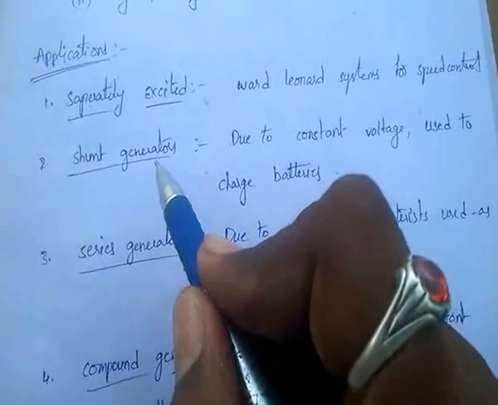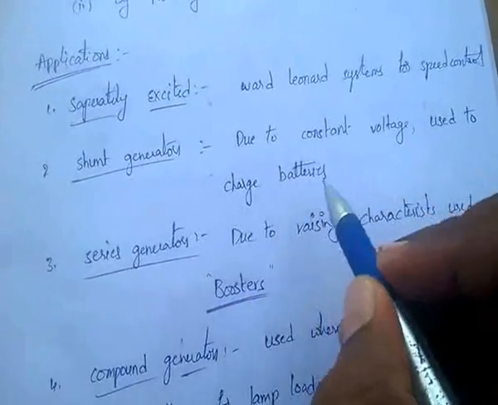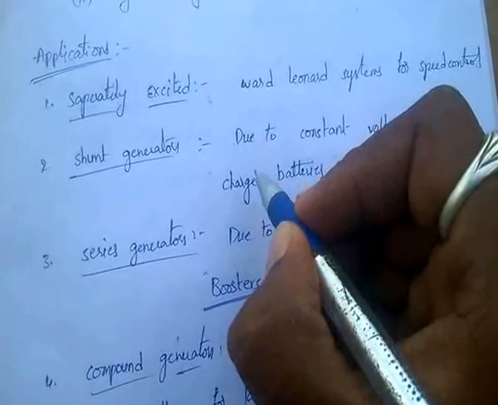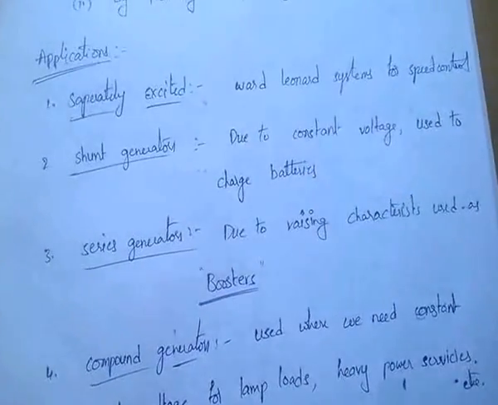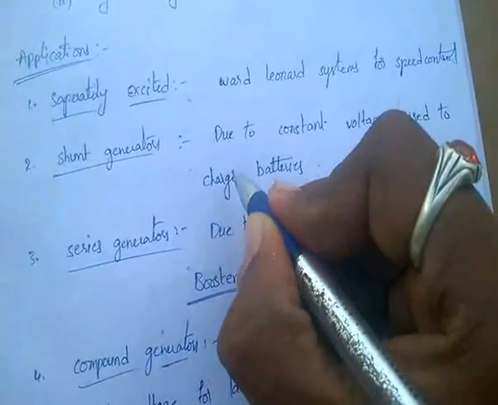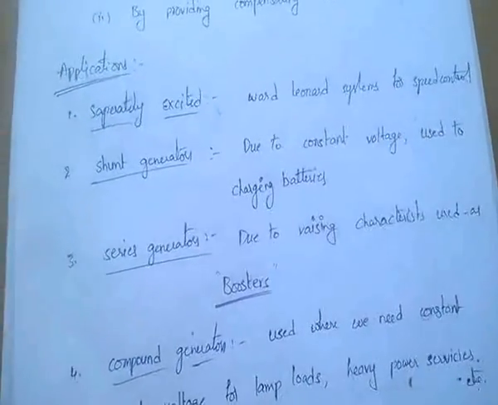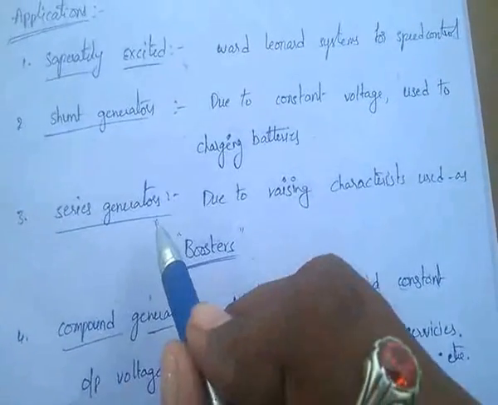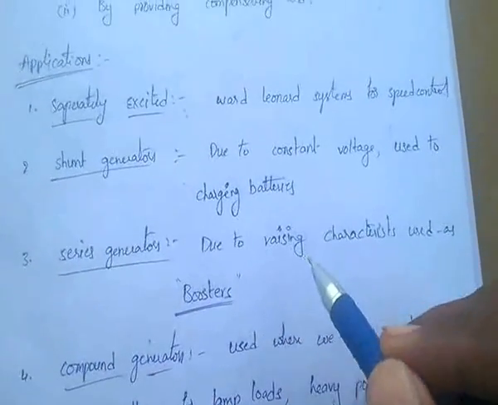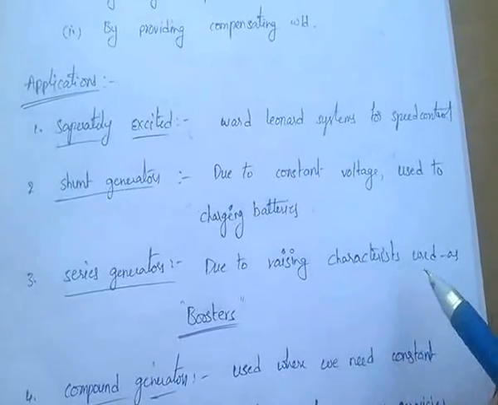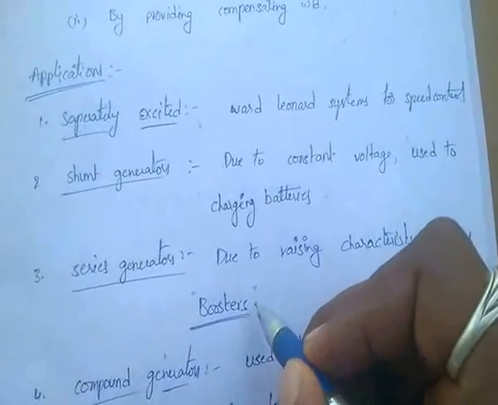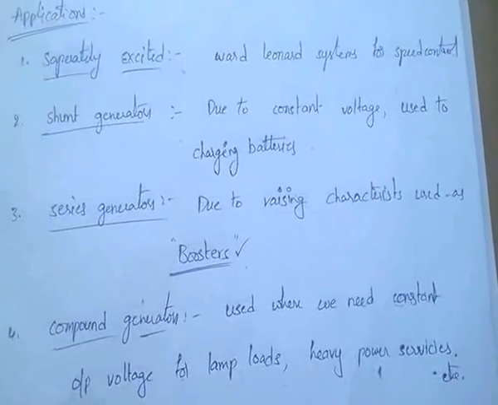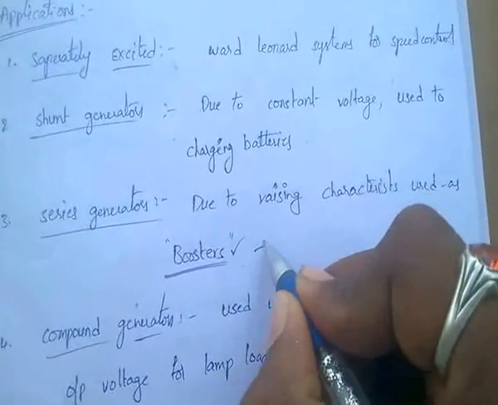So due to this characteristic, they are used to charge batteries. Next one, series generators. Due to their rising characteristics, they are used as boosters. Very important. Series generators are used as boosters. They are mainly used in railway applications.